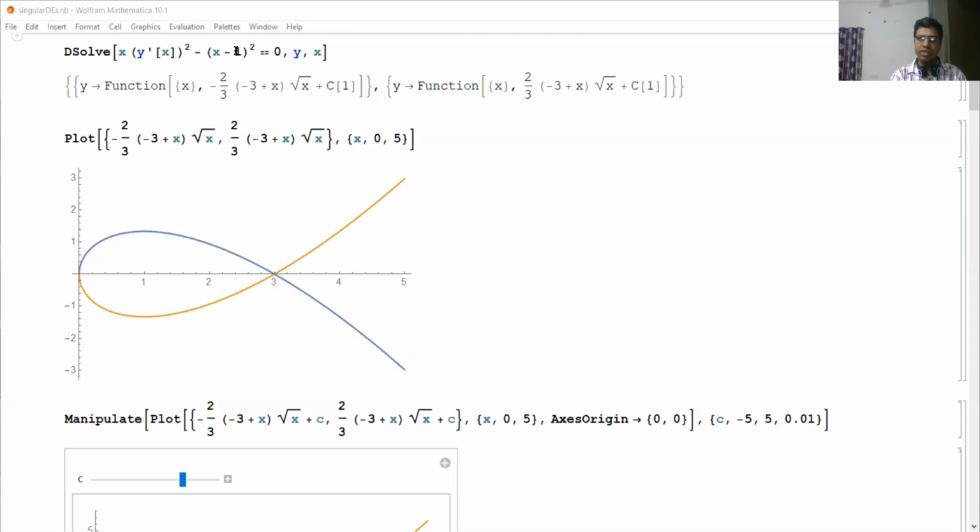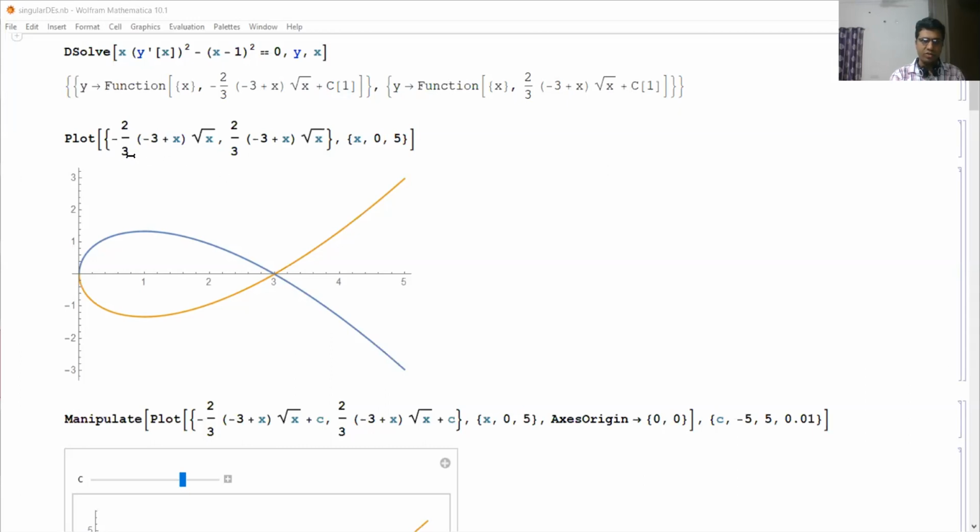Here we take a equal to 1. Okay, of course we can have any other values. So the solution is like this, plus or minus. So y equal to plus or minus 2 by 3 into (x minus 3) into square root x, plus an arbitrary constant c.